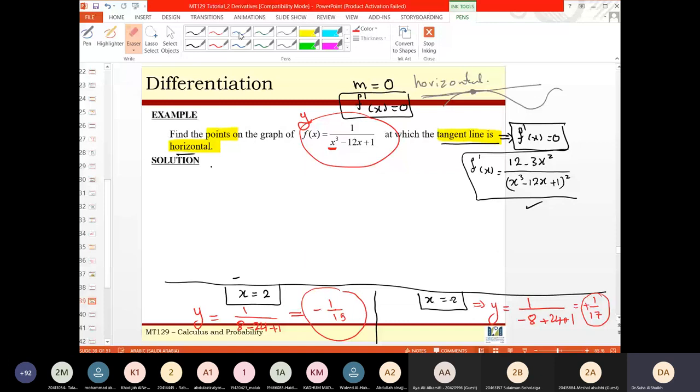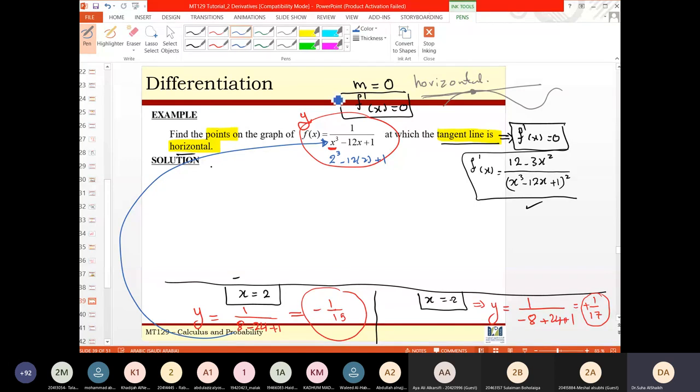I substitute here. One time I put 2, so it will be 2 cubed minus 12 times 2 plus 1. 2 cubed is 8. You got it now. I substituted in the function, 1 time with 2, 1 time with minus 2. This is 8 minus 24 plus 1.